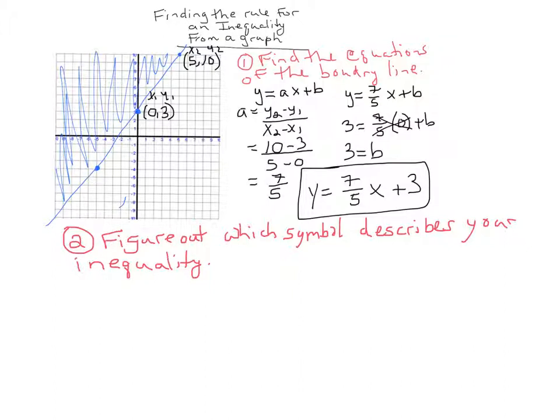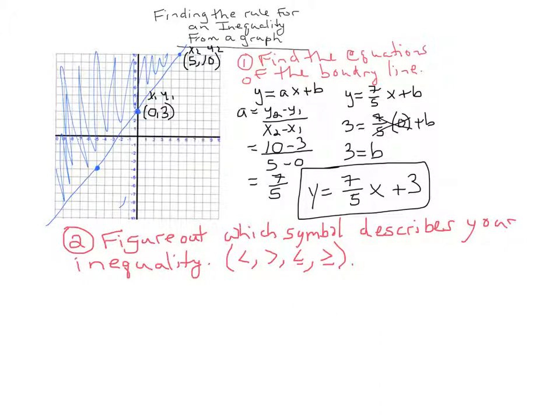Okay. So what I mean by that is, is it less than, is it greater than, is it less than or equal to, or is it greater than or equal to? Okay. This is actually pretty straightforward to do.